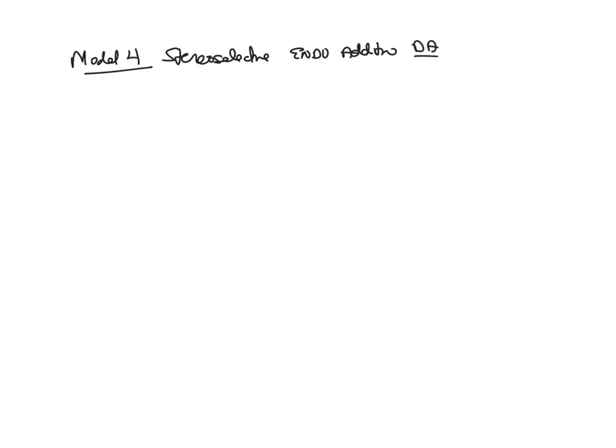Diels-Alder. I'll just write DA. So here we have a diene. This is a great diene because it's locked in and the oxygen donates those electrons. So it's very nucleophilic.